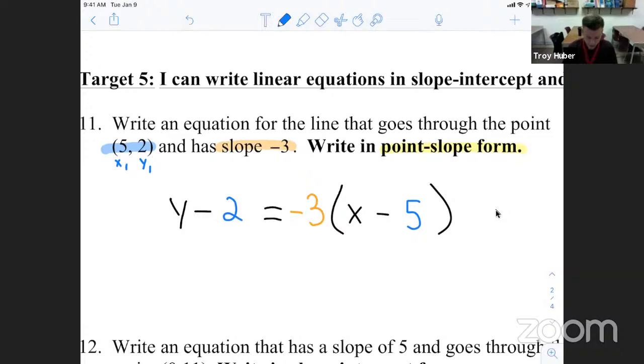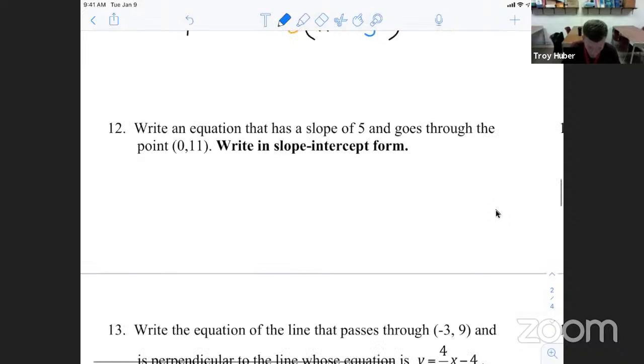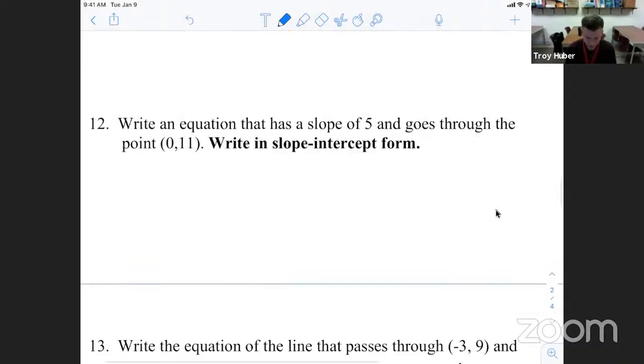Now let's move on to number 12. Write an equation that has a slope of 5 and goes through the point 0, 11. So we have a slope of 5, and we have the point 0, 11. Again, I have a slope and I have a point, so let's use point-slope form.